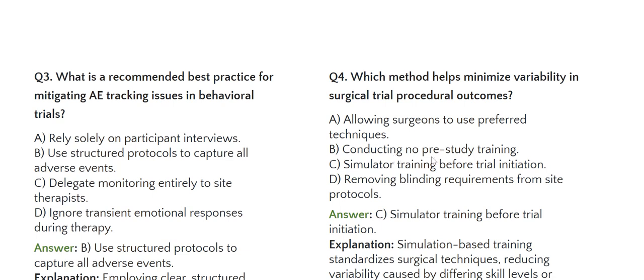Conducting no pre-study training does not make sense, as pre-study training is essential for surgical trials. Removing blinding requirements doesn't fit the purpose of minimizing variability. So what remains is C, simulator training prior to trial initiation. So C is the answer.